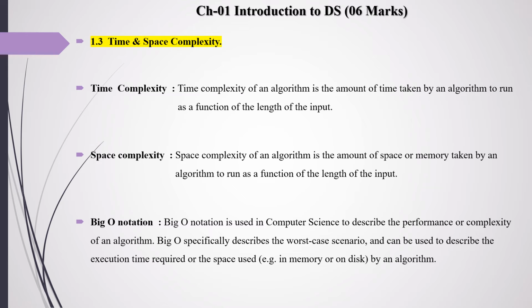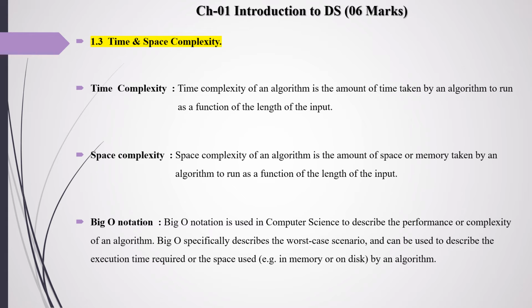Then we see big O notation. Big O notation is used in computer science to describe the performance or complexity of an algorithm. Big O specifically describes the worst case scenario and can be used to describe the execution time required or space used by an algorithm in the form of memory or disk.